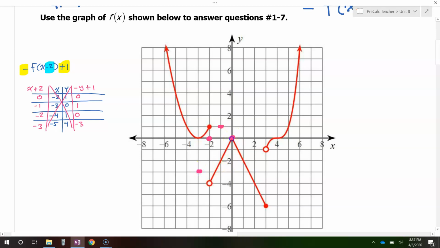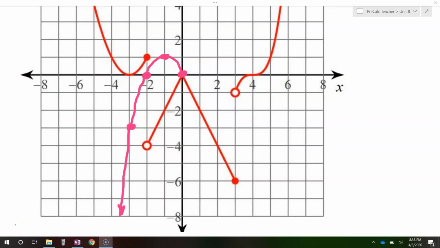Okay, so that means what we have is we have this going on like this. All right, something like that. So this little curve over here became this curve right here. Next, let's transform this part of the graph right here.